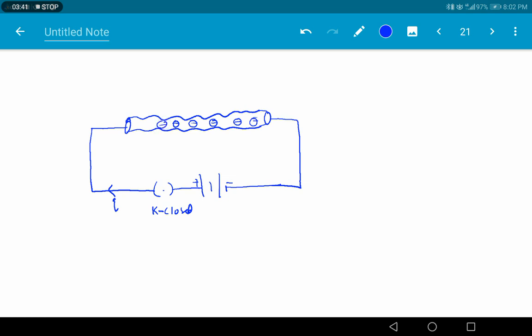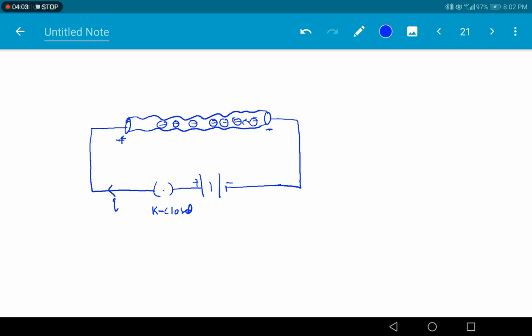When we are discussing the concept of resistance, as the electrons move from negative terminal to positive terminal, or from one end to another end of a conductor, they have to encounter a number of collisions with the ions or atoms of the conductor.